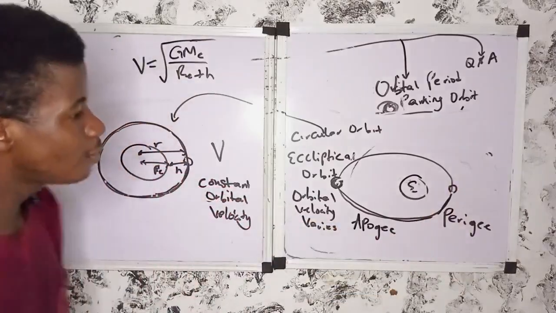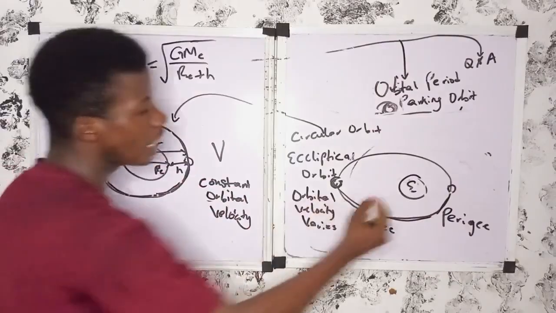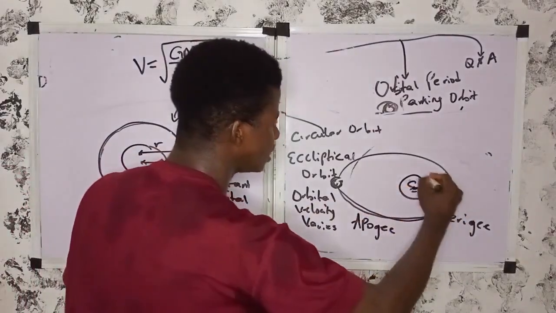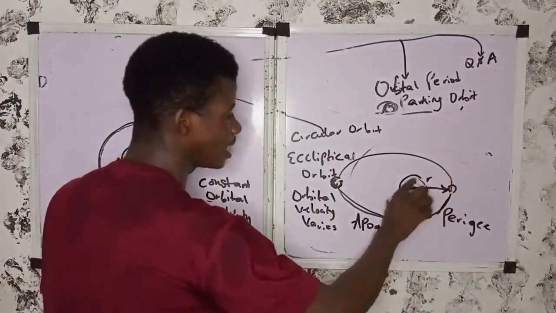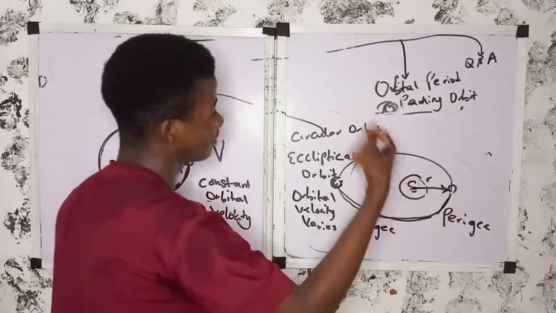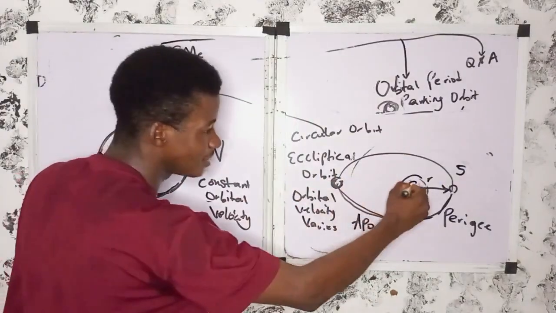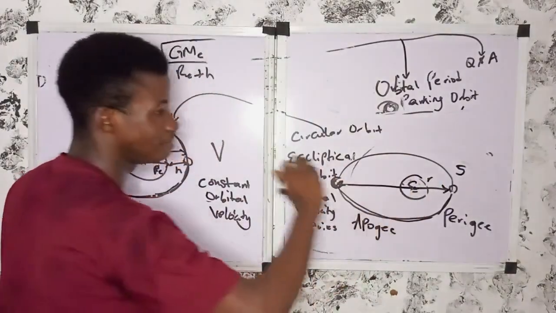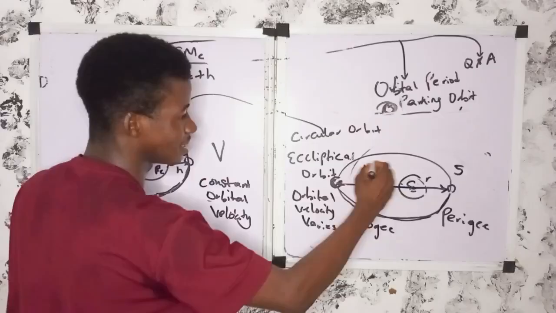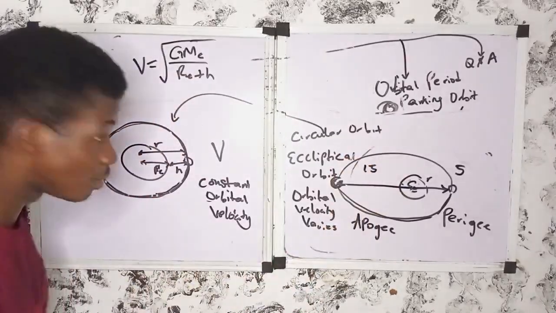Now, if you look at it, in perigee, let's say for example the distance between them is 5. What about in apogee? The distance between them will be very large, right? So let's say 15, for example.